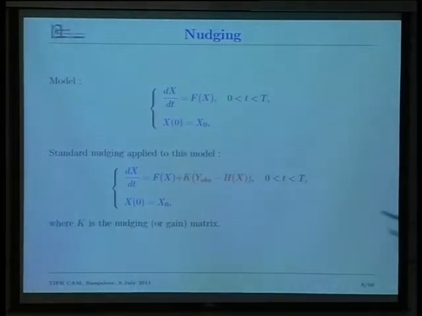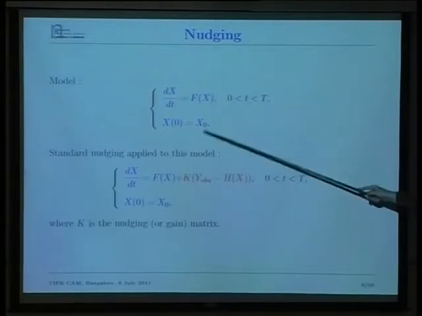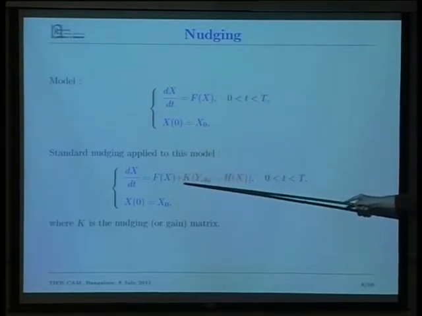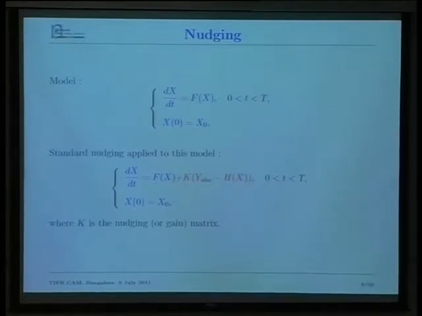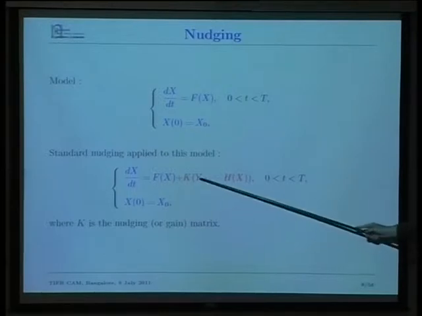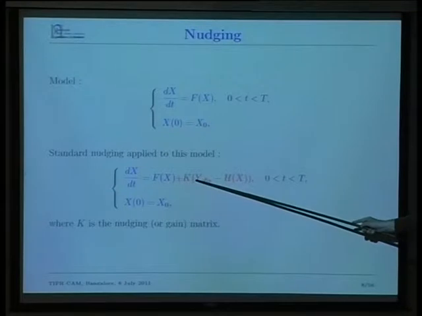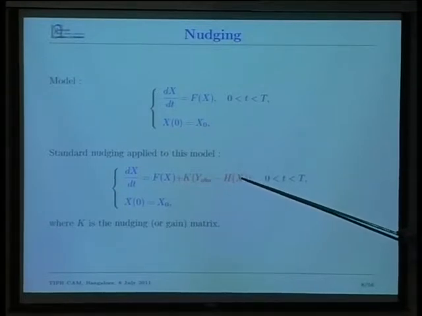So what is nudging? You have your model like that, and the idea is very simple. You add a feedback term to the observations directly in the model equations. You have some observation, y-obs, and the model state, x.